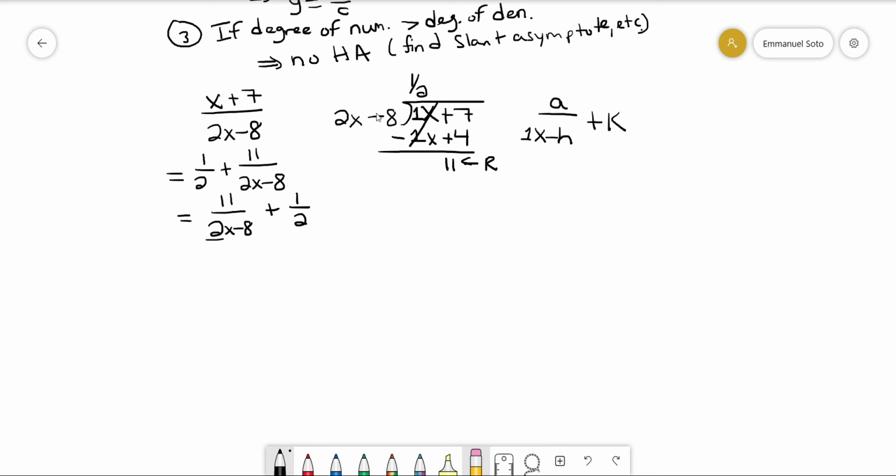So we're going to divide both numbers by 2, but whatever we do on the bottom, we have to do on top. So I have to divide this by 2. That leaves me with 11 over 2 over 1x minus 4 plus 1/2. Now we can tell that's our k, and that's our h. So we're already matched up with the graph, so that is our conversion.